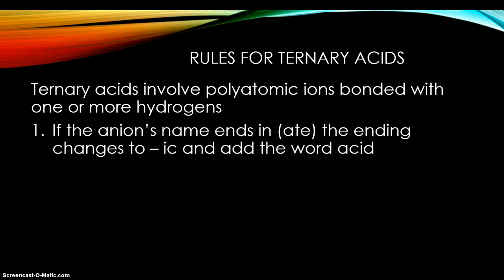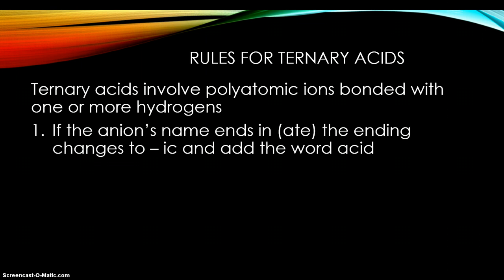So rule number 1 basically is this: if the anion's name, and again the anion is your polyatomic ion, your negative ion, ends in -ate, and if you've been going through your polyatomic ions, you'll notice the majority of them end in either -ate or -ite. There's a few that end in some other ending, but those are the ones we are dealing with.